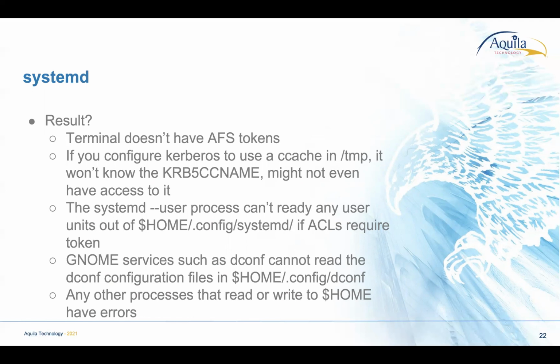And it might not be able to read that if your home directory is in AFS. Also, GNOME services such as dconf can't read the configuration out of the dconf directory. And any other processes that need to read out of home will have errors.